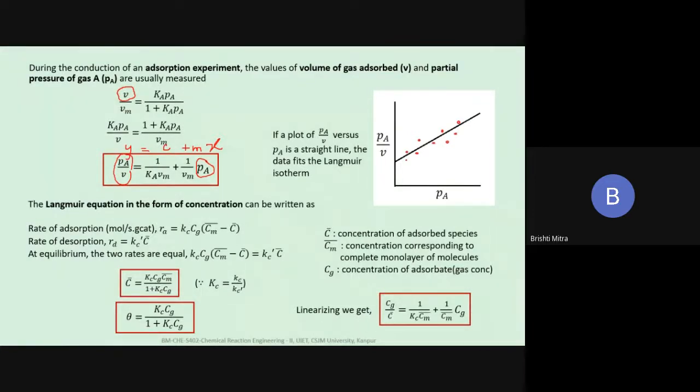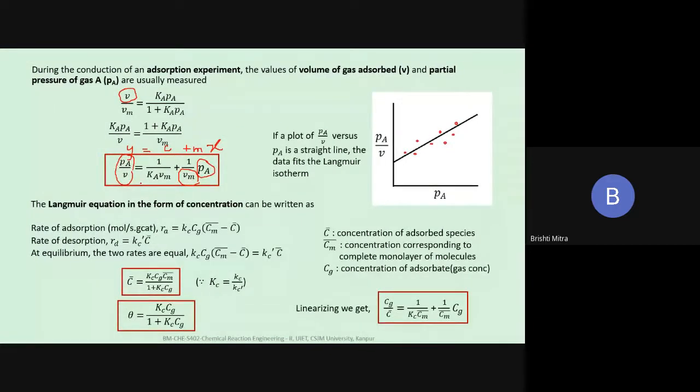And what will happen once we have the straight line? The slope is going to give me the value of Vm. So the volume occupied at monolayer can be estimated or calculated using the slope of this equation. And the intercept is equal to 1 by Ka Vm. Since we already know the value of Vm from the slope, what we can also find out from here is the value of the adsorption constant.